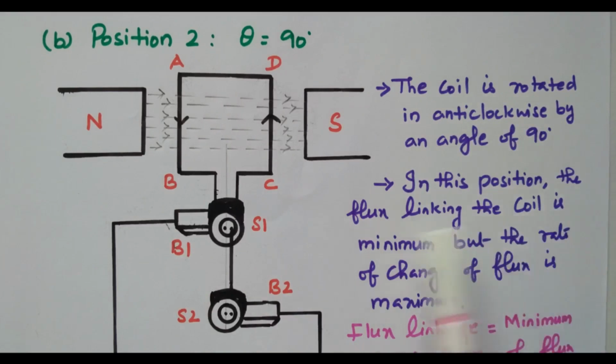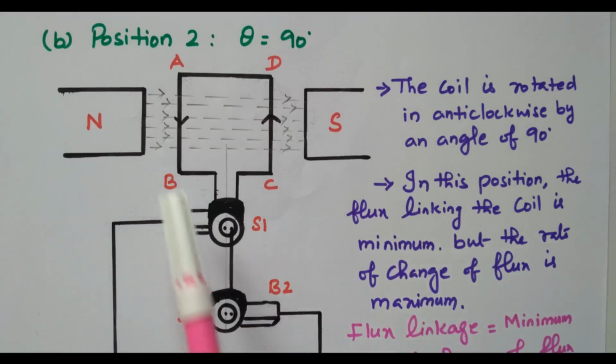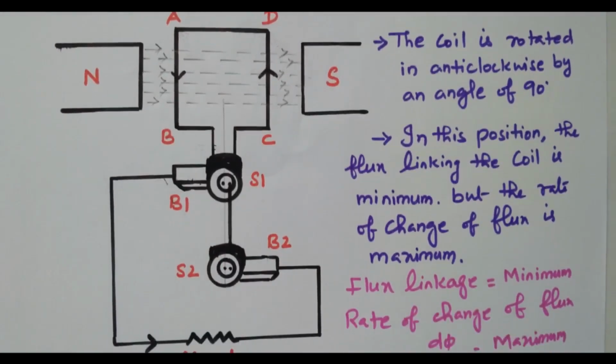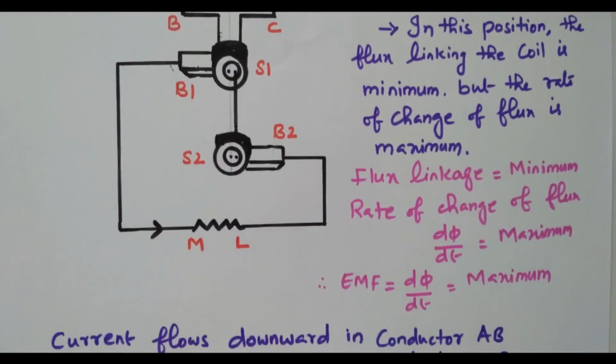In this position, the flux linking the coil is minimum, but the rate of change of flux is maximum. Right? Only a few fluxes will link, but the rate of change of flux will be more. So flux linkage is minimum, but the rate of change of flux is maximum. The EMF is based on the rate of change of flux, so the EMF is also maximum.